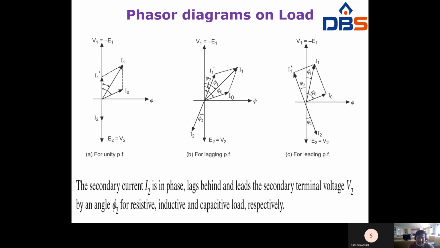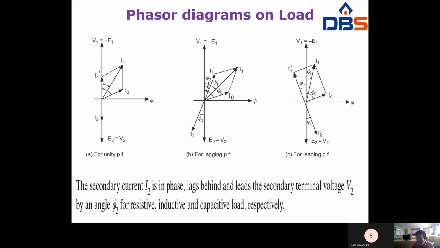Why we have to draw I2 here, and I1 dash exactly opposite of I2? Generally, why are we drawing I2 in phase with E2? This is a resistive load, right? That's why I2 is drawn in phase with E2.